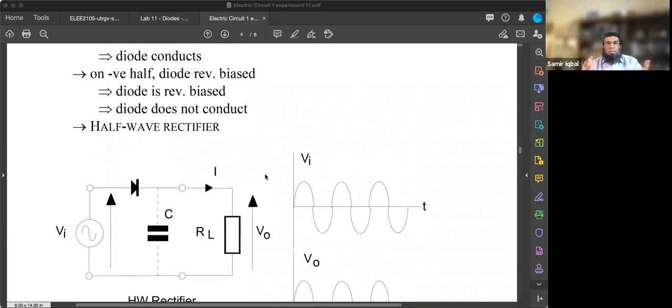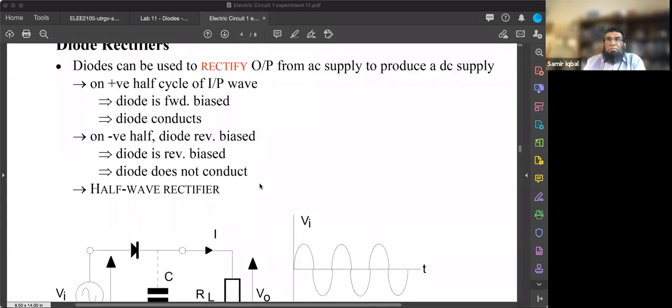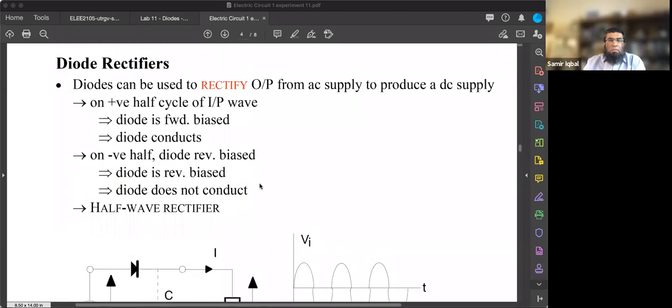Does it make sense? A rectifier is a device that converts AC to DC. That's what it's supposed to do. So we are getting a rectifier, but our rectifier is only working in the positive half wave, and then the capacitor picks it up. So we get a signal, maybe good enough, we'll see. That's what I just showed you in red and blue, and that's what's written here in English. On the positive half cycle of the input wave, the diode is forward biased, the diode conducts.